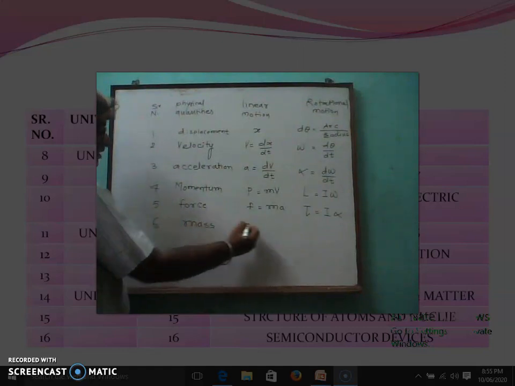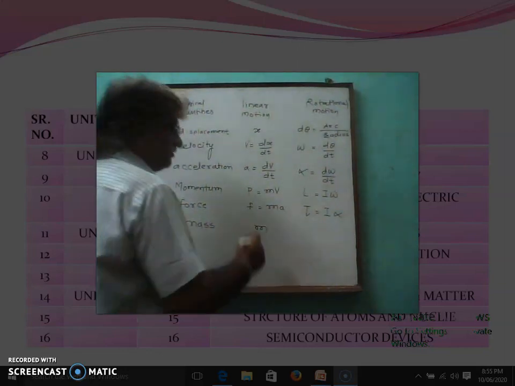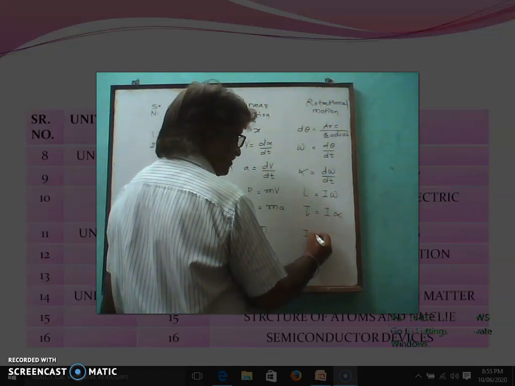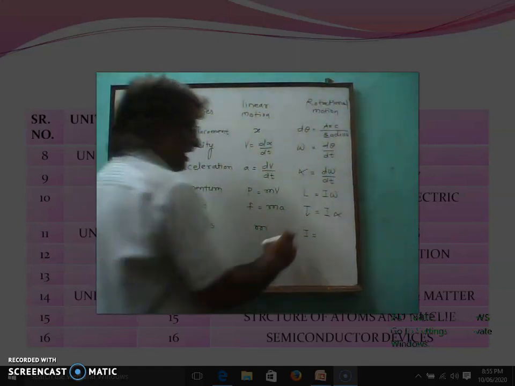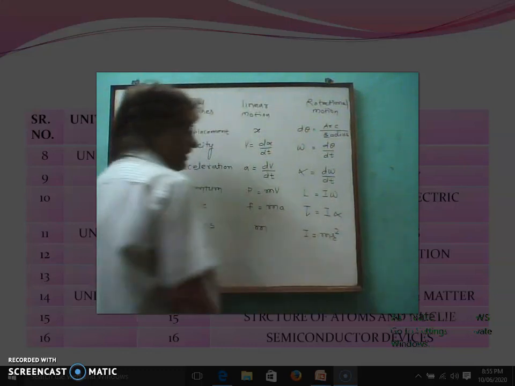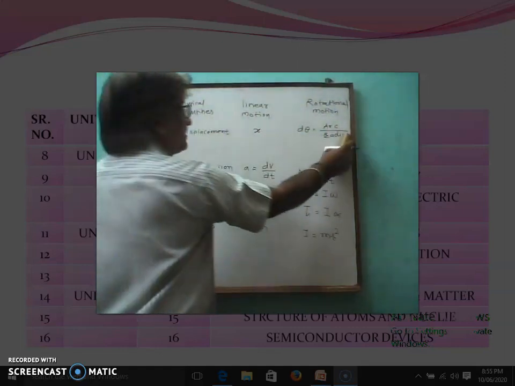In linear motion, mass m is given, whereas in rotational motion, it is moment of inertia, represented by I. So I is the product of mass and the square of the distance from the axis of rotation. If these six formulas are seen, then we can see their relation.